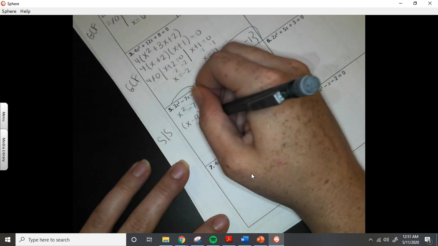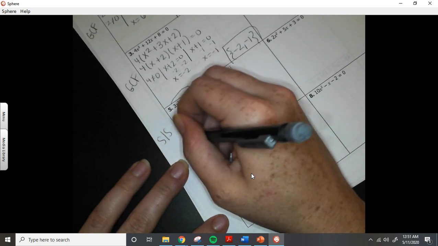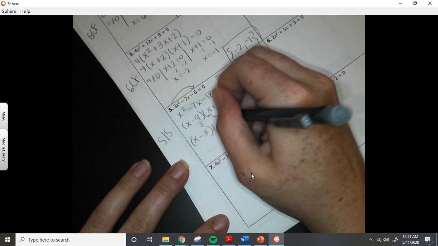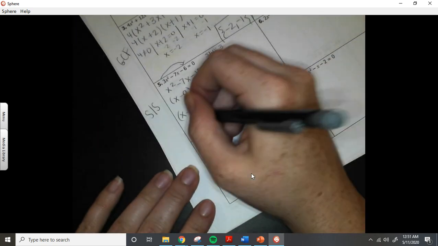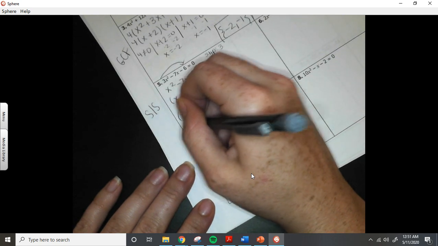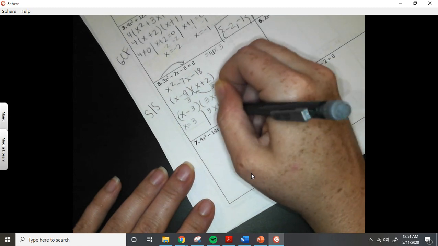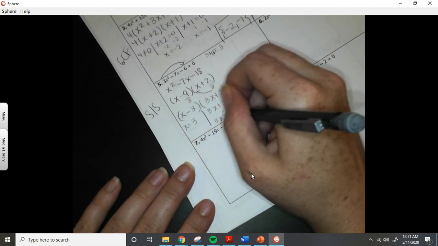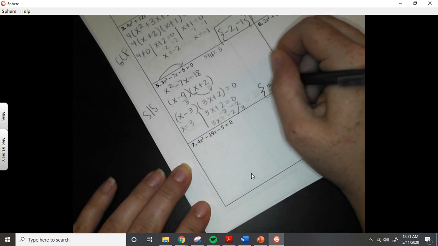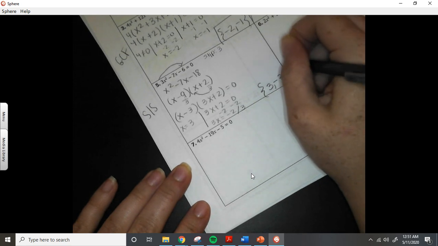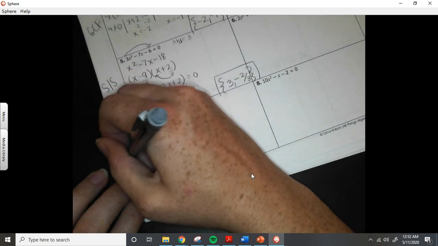This one cannot simplify, so it's going to slide up, and this becomes x minus 3 times 3x plus 2 equals 0. We set both factors equal to 0 and solve. Obviously, this one's going to be 3. And for 3x plus 2 equals 0, subtract 2, 3x equals negative 2, divide by 3. So we have 3 and negative 2 over 3.